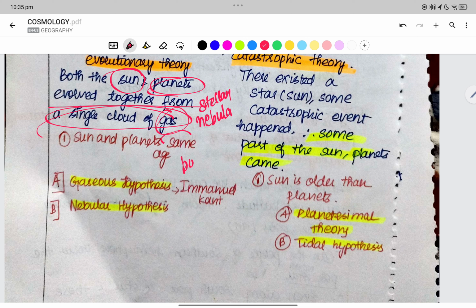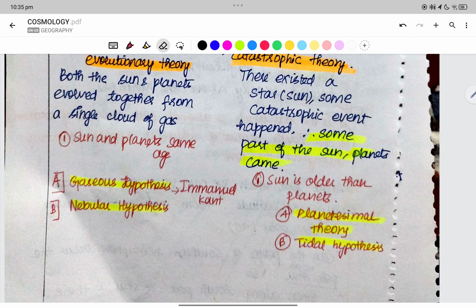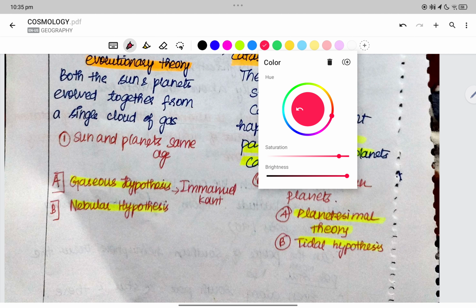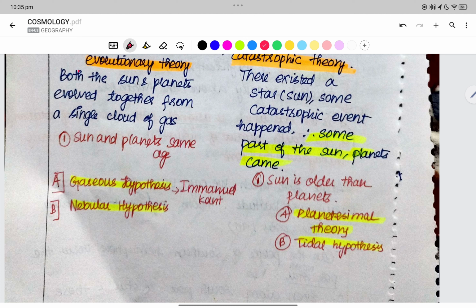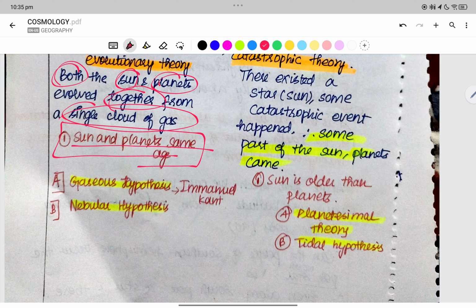So both the sun and the planets together come from a single cloud of gas. The sun and the planets are going to have the same age.